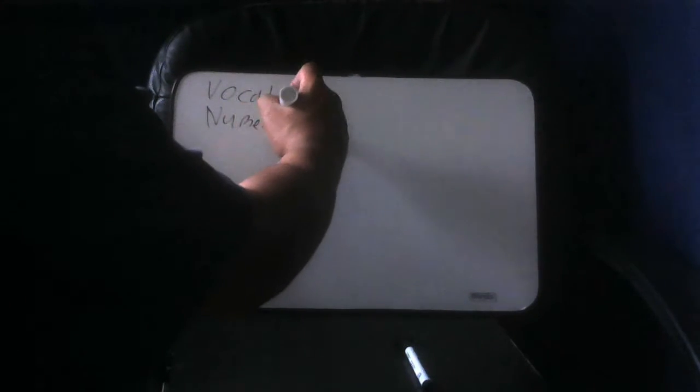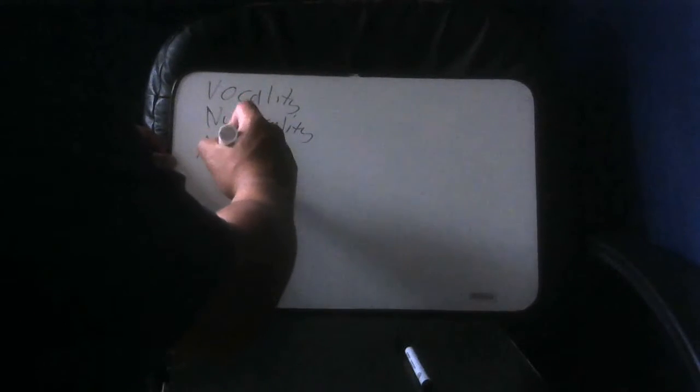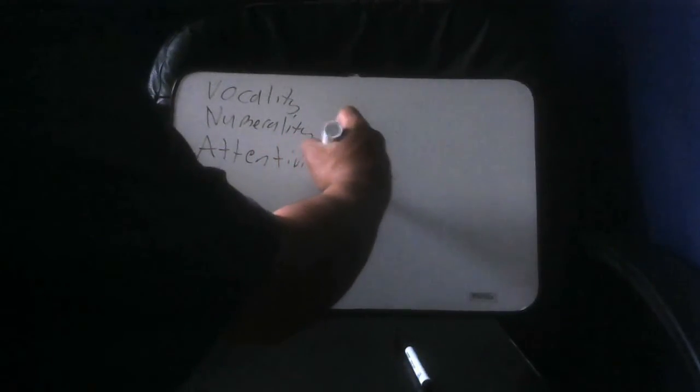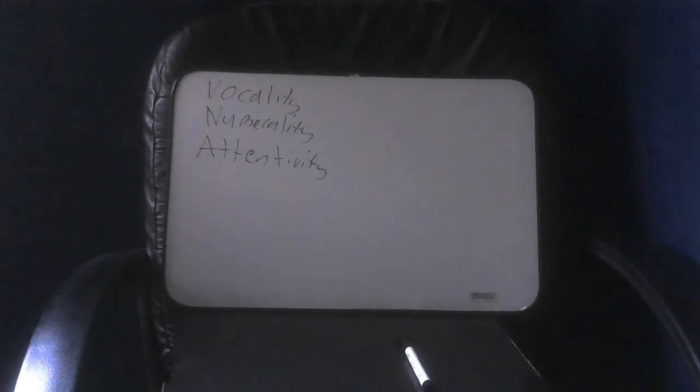There is vocality, numerality, and attentivity, which are the ones that we use. Though there are others like intentionality. The three main ones that we use in quinary scholarship are vocality, numerality, and attentivity.